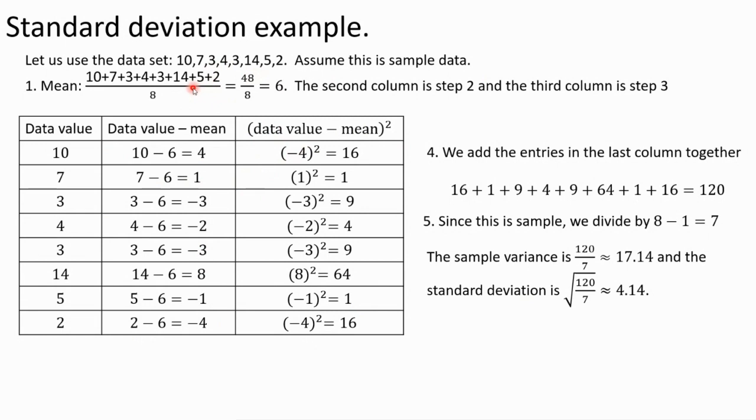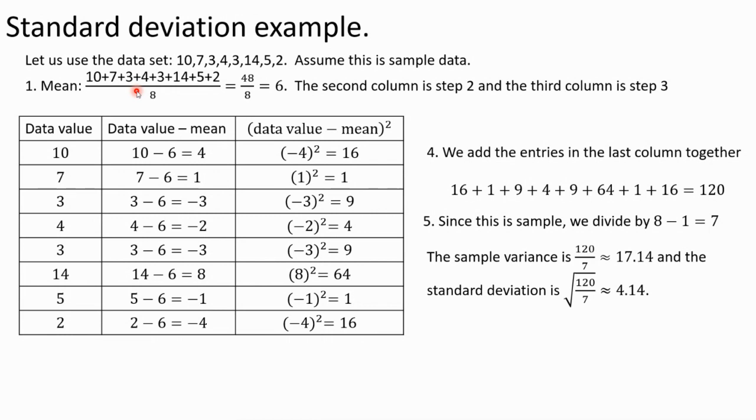Okay, and so here, what you want to do, remember, is you want to get the mean first. Remember, the mean, as we saw, is just the average, in the regular sense, so to say. In other words, you add up the data values and you divide by how many data values there are.